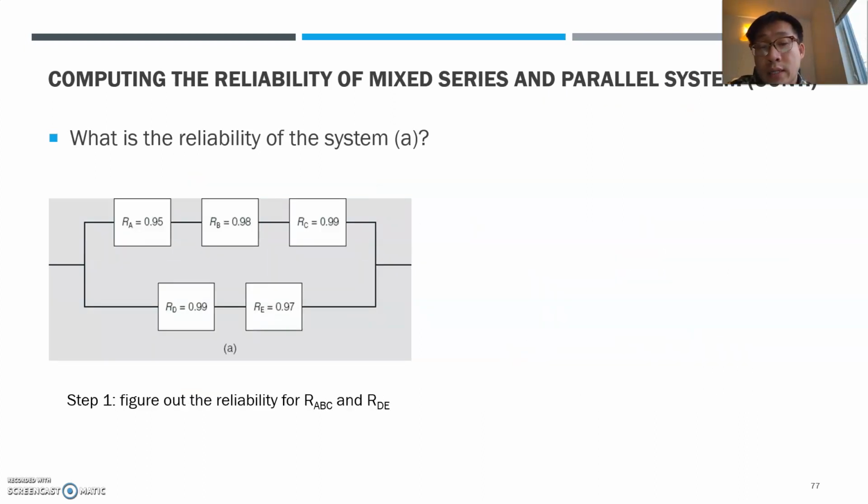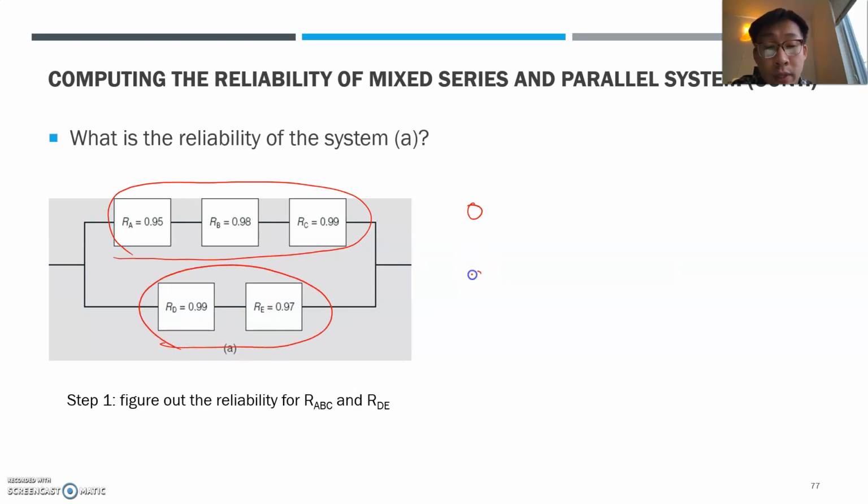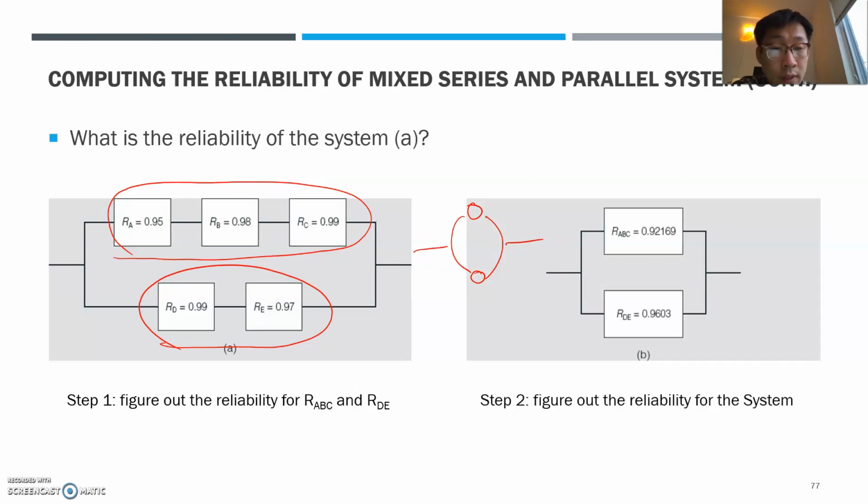Here, what is the reliability of system A? This will eventually become a parallel system, because this upper layer will eventually combine into 1, and the lower layer will eventually still become 1 component. So what you're seeing here is another parallel system. Again, we can simplify it into this type of parallel system.